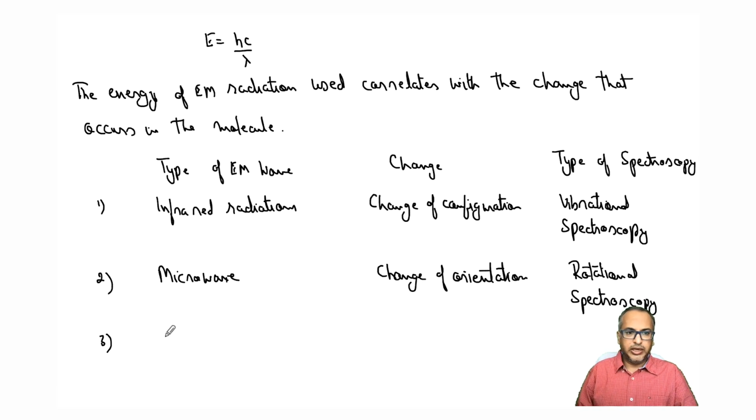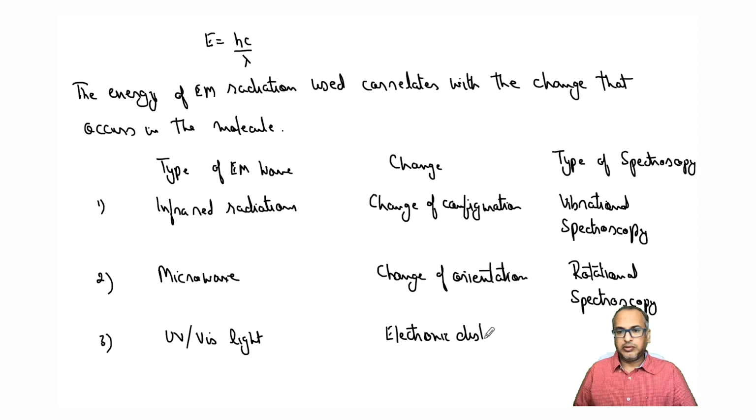So let's also see UV visible light. You're also aware of UV visible light. Visible light everybody is aware of, and UV light also everybody is aware of. What you do here is you change the electronic distribution. Okay. So if you change the electronic distribution, this is called electronic spectroscopy.